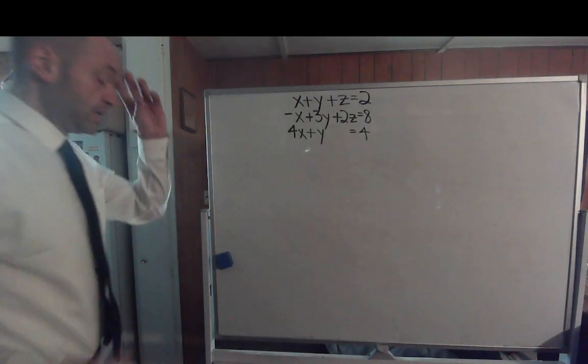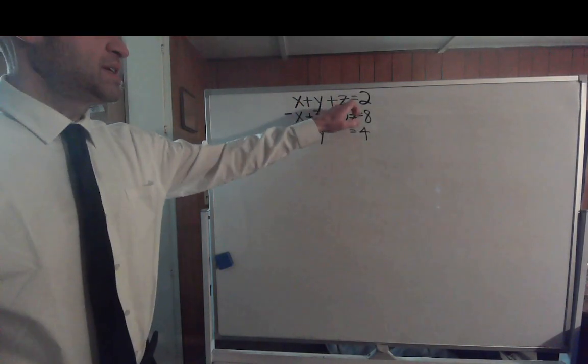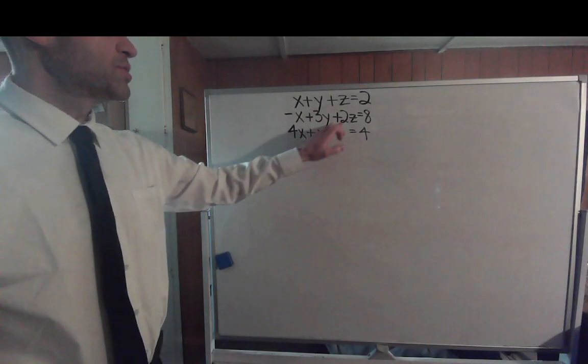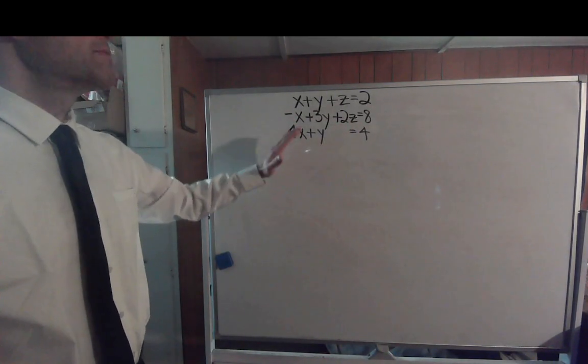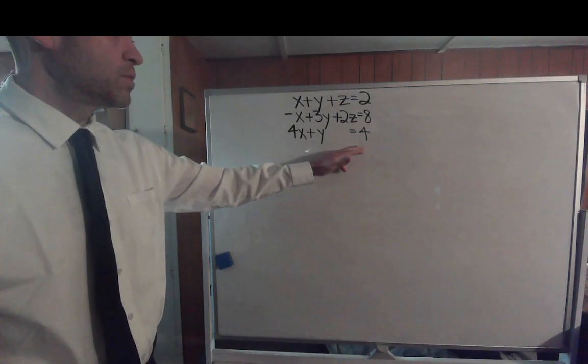Okay. So you got x plus y plus z equals 2, negative x plus 3y plus 2z equals 8, 4x plus y equals 4.